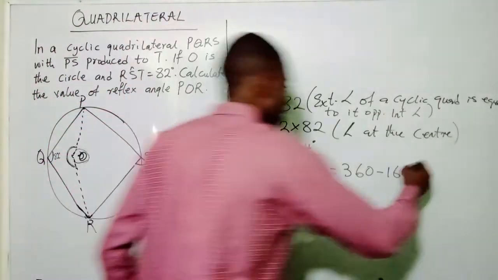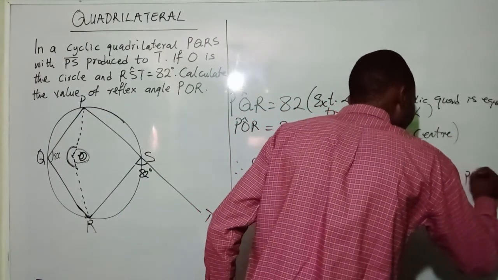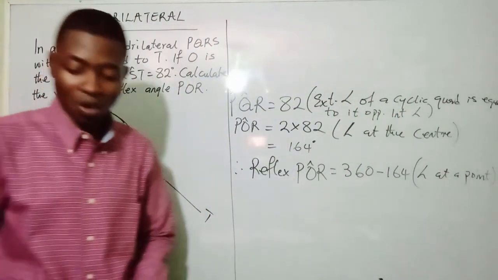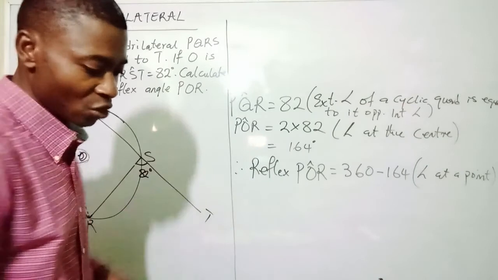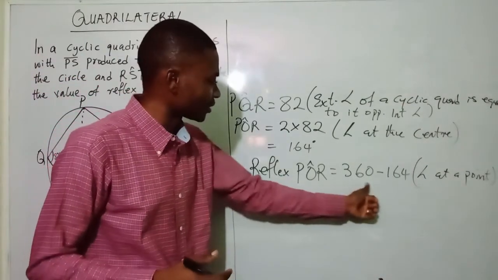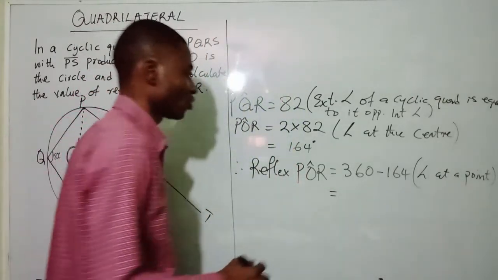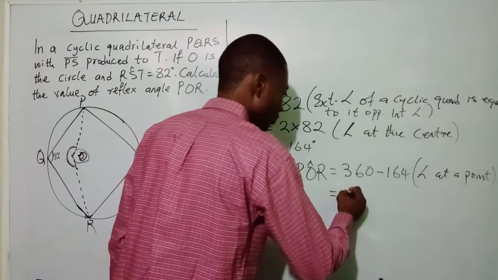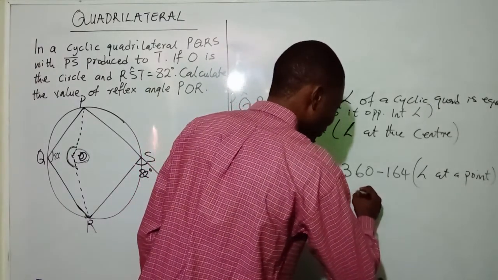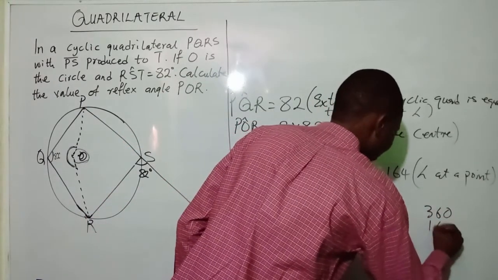What is the reason? The sum of angles at a point is equal to 360 degrees. So if I subtract 360 minus 164, what will our answer be? Let's work it out: 360 minus 164.